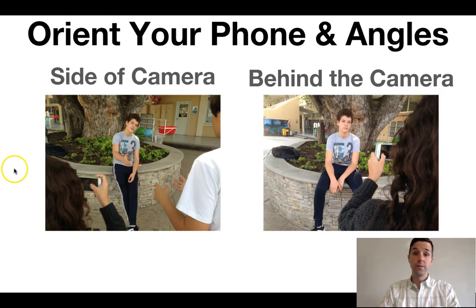Now, if you have your camera oriented correctly, you have two choices of the angle that you use when you interview your subject. Now, one option is if you have a tripod or a friend hold the camera, and then you as the interviewer can stand just next to it, and the person being interviewed can speak directly to you. A lot of people feel more comfortable and will be more candid and natural when talking to an actual person.